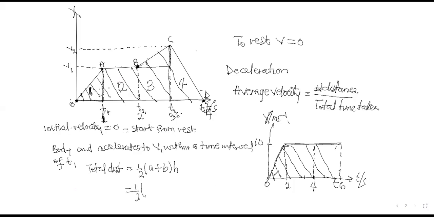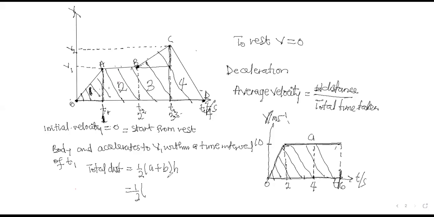Now what is A? A and B are the two parallel sides. So A is the shortest, B is the longer one.